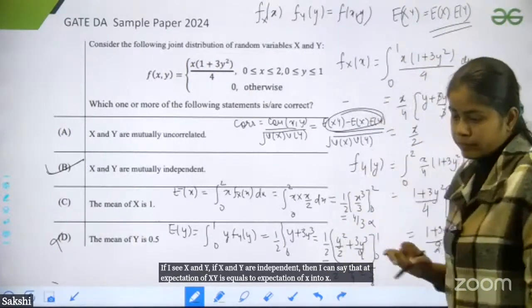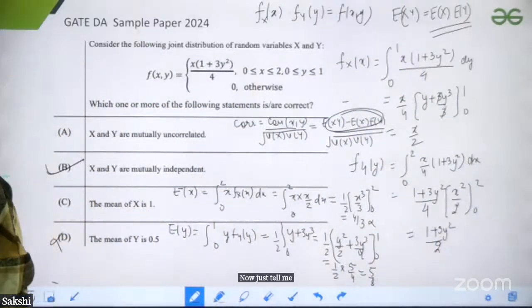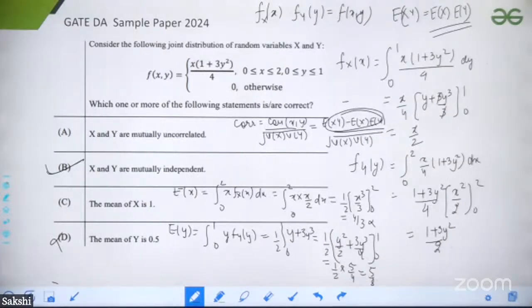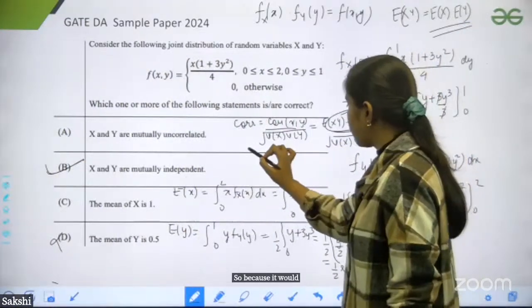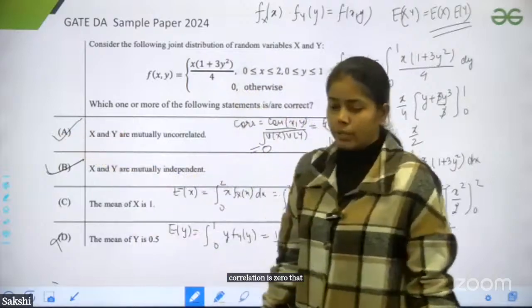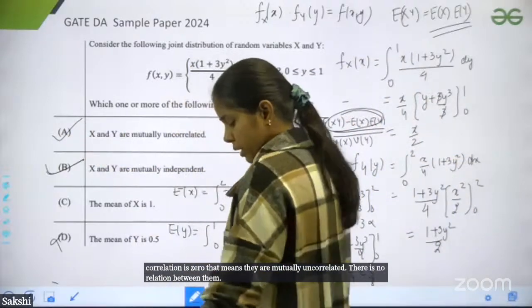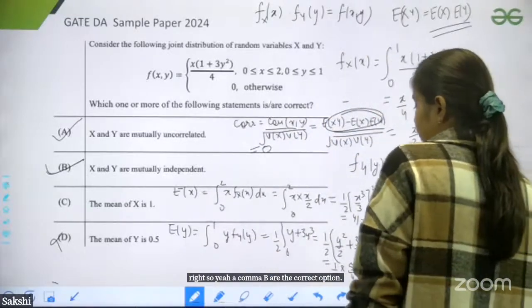This is true. Now tell me, guys, are x and y mutually uncorrelated or not? Because it would give you zero. Your correlation is zero. That means they are mutually uncorrelated. There is no relation between them. So A comma B are the correct options, but C and D are incorrect.